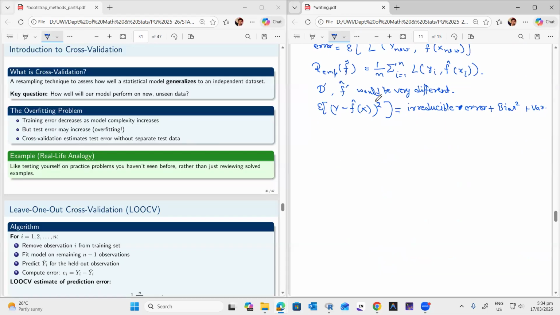We call it the in sample estimation of out of sample error.